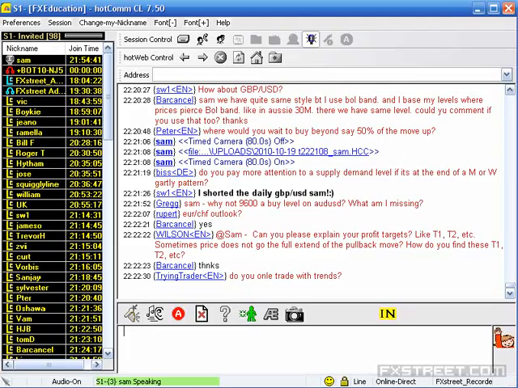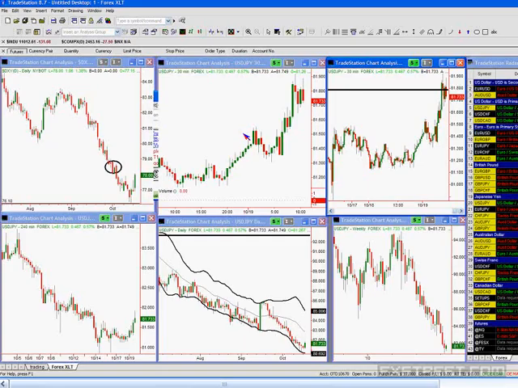Let me just read back. Yeah, so Wilson, could you please explain your profit targets like T1? So what you can do often, this is probably the most important thing with profit targets. If I want opportunities that are going to pay me, say, 3-to-1, then I'm going to look for opportunities where the chart is offering me 4-to-1, right?